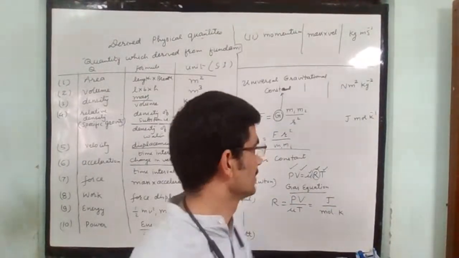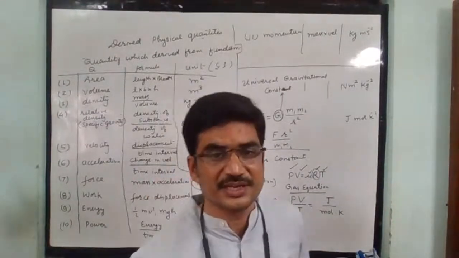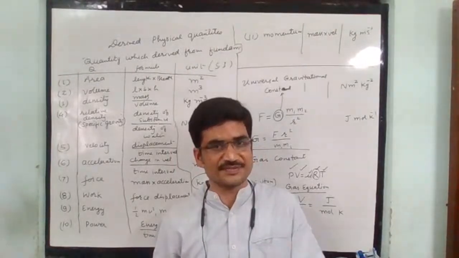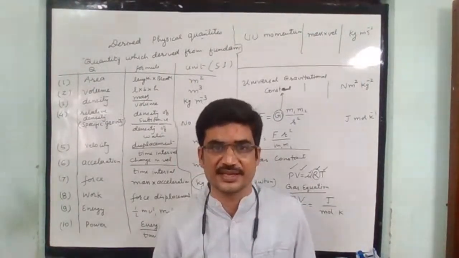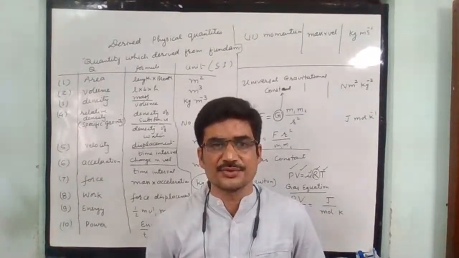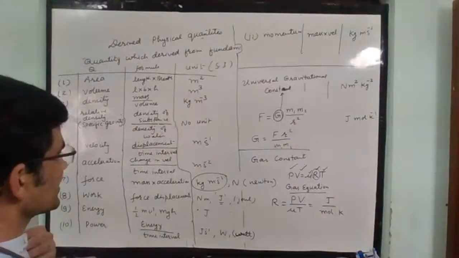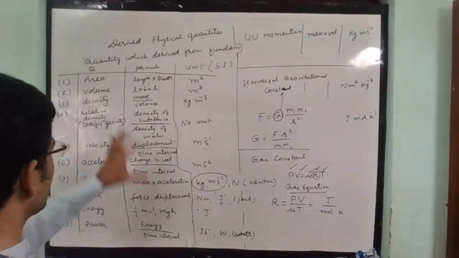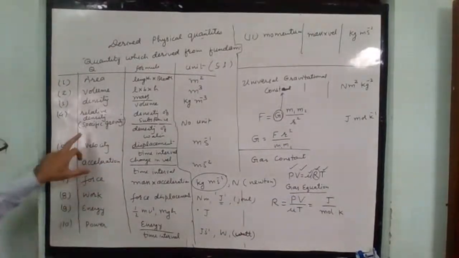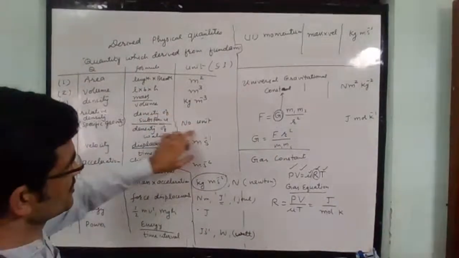Clear? Now, last year in our school, in the 11th class, one question was asked. There is a physical quantity whose value doesn't have a unit. That is specific gravity or relative density.